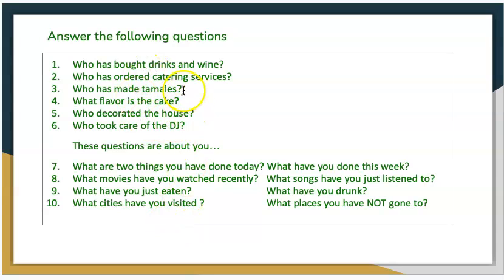Now, after you're finished with this, I would like you to continue practicing. Find a partner, a classmate, someone you live with, your roommate, your neighbor, and ask these questions to your partner. If you have no one to practice with, then you can ask these questions yourself.